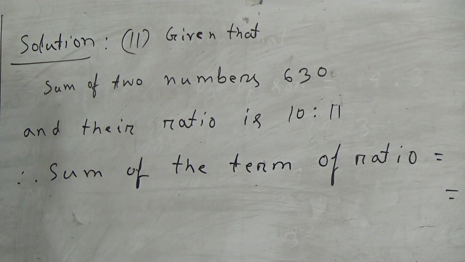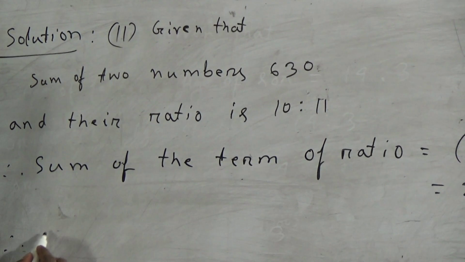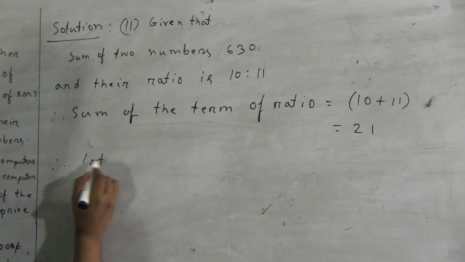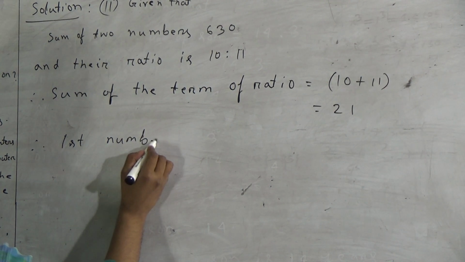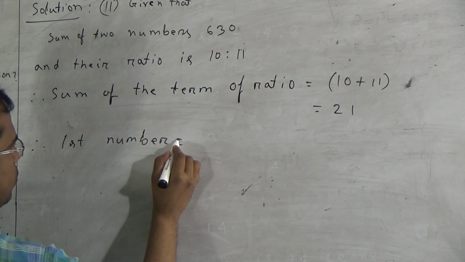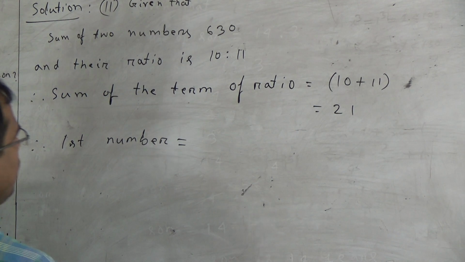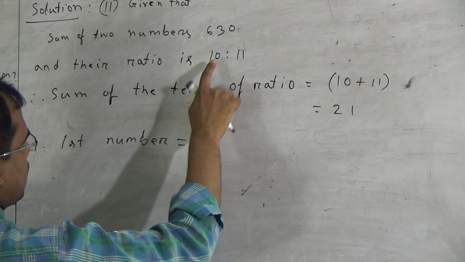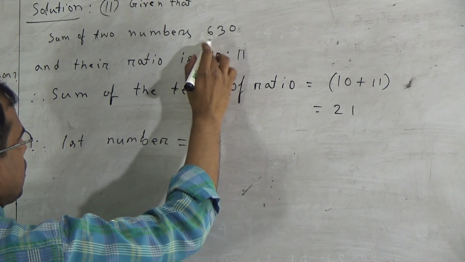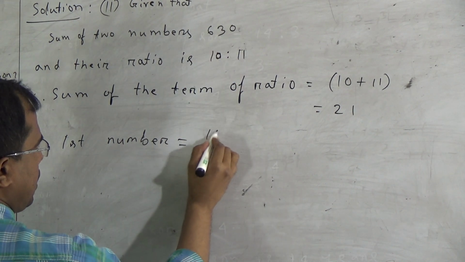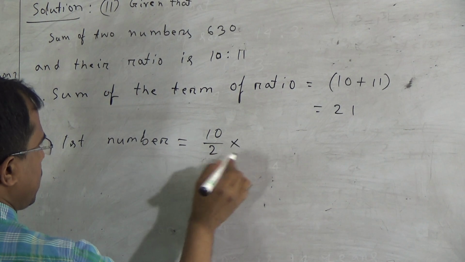Now we can easily find out the two numbers. At first we'll find out first number. Therefore, first number is equal to, here first number's portion in the ratio is 10. So we'll write 10 by 21 multiplication.